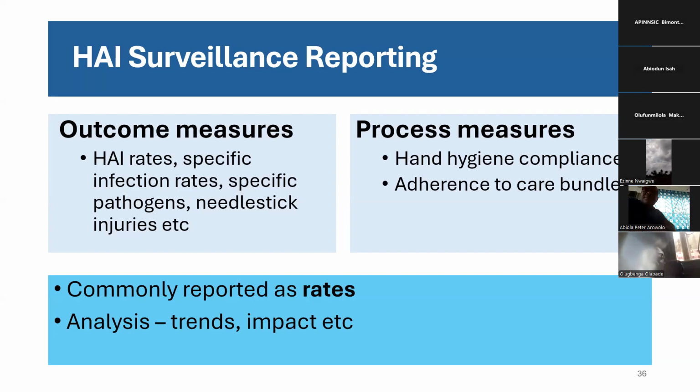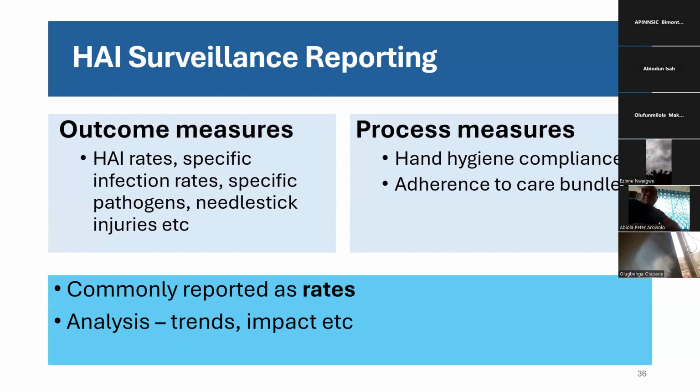So for HAI, you need to have your rate, numerator over denominator. And in the definition, remember I mentioned that it's not only healthcare-associated infections, but related parameters. For example, needle stick injuries can be an outcome that you want to assess. So surveillance can be an outcome measure.